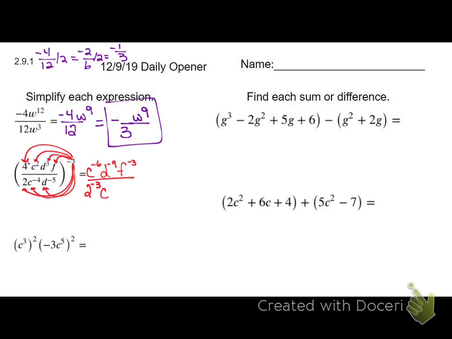What power is C going to go to? What am I using to distribute? Negative 3, and I'm going to distribute that to the negative 4.